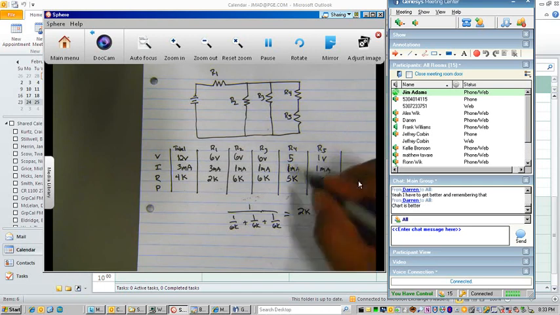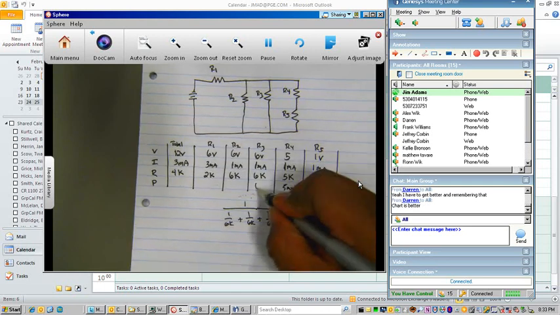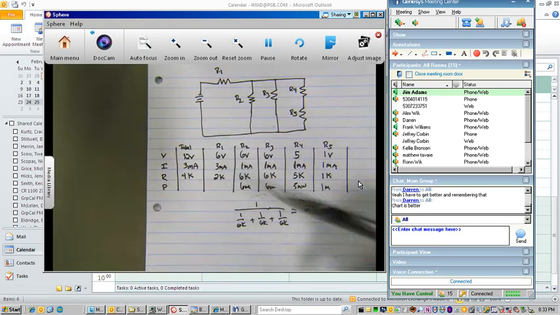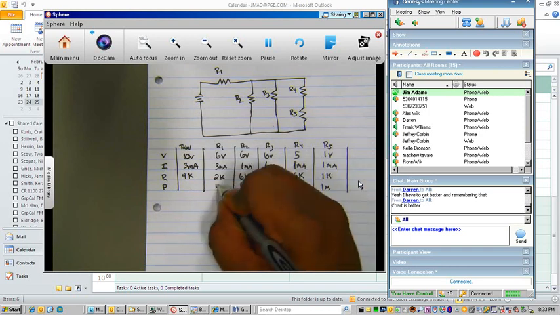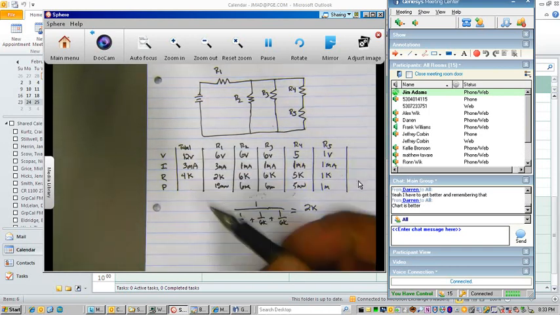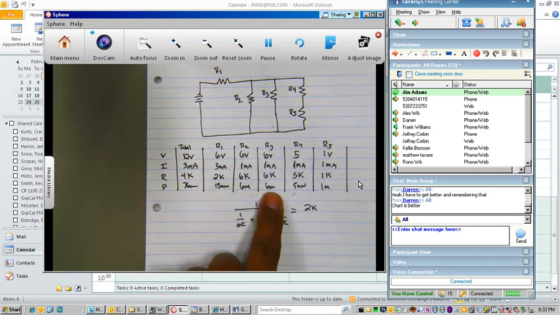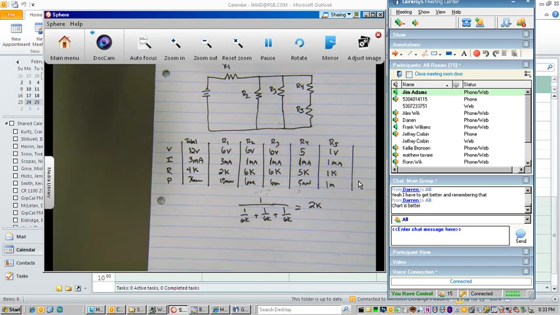So basically we have three 6K resistors in parallel, right? R2 is 6K, R3 is 6K, and the combination of R4 and R5 is 6K. So three 6K resistors in parallel gives us a total resistance of 2K, plus R1 being 2K, add up to 4K total resistance. So basically 1 over 6K plus 1 over 6K plus 1 over 6K gives us 2K.